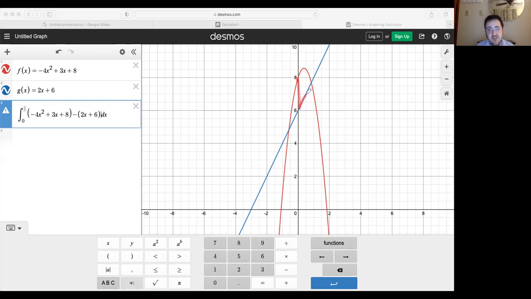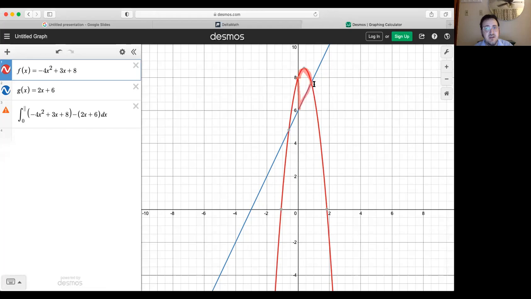So Delta Math just wanted us to find this area. And then I just need to find that point of intersection and find that x value. So when I do that, I get 0.843.